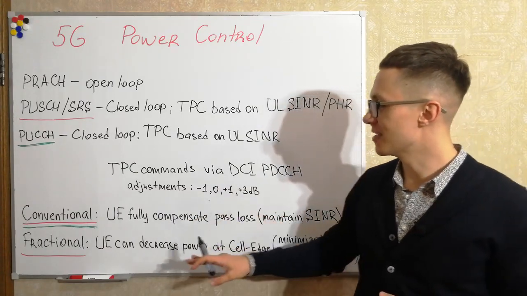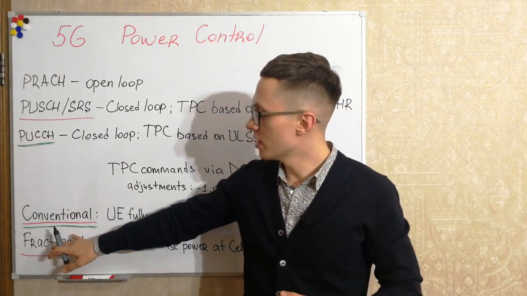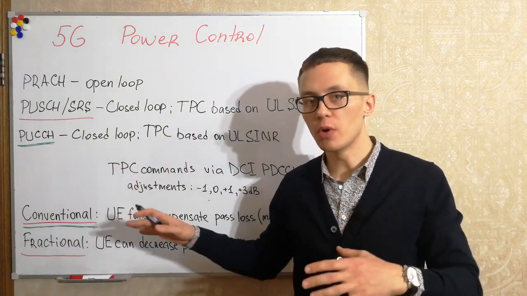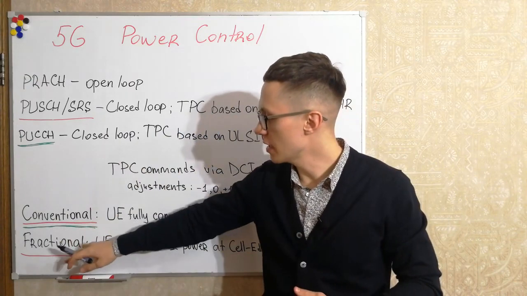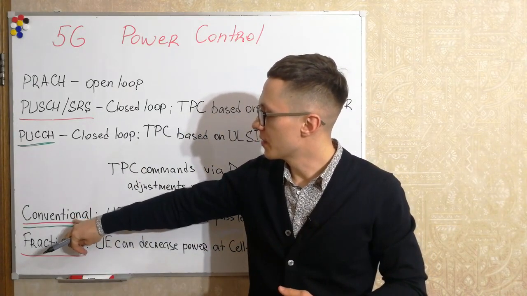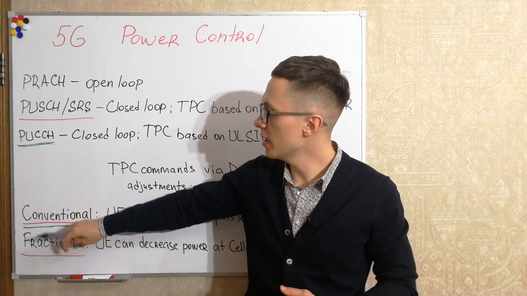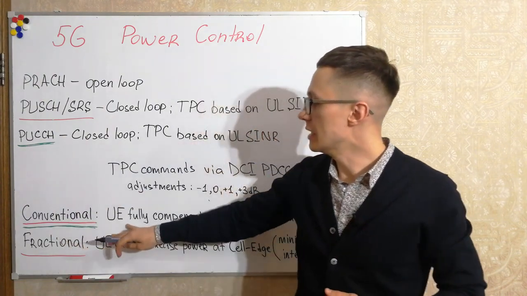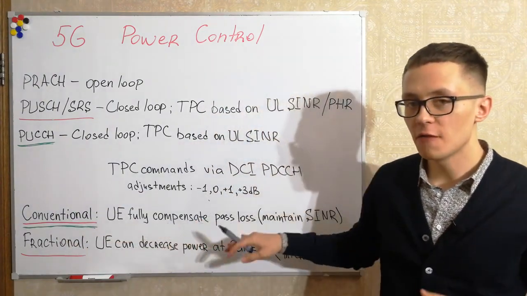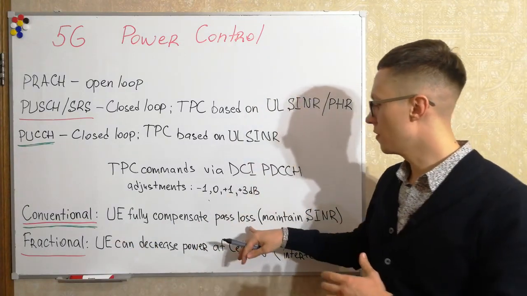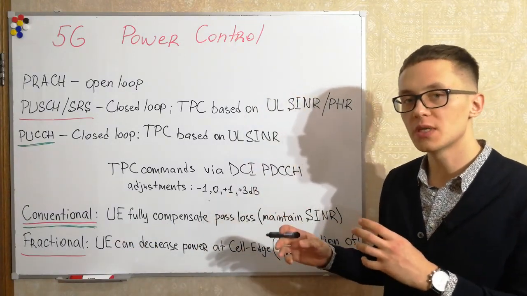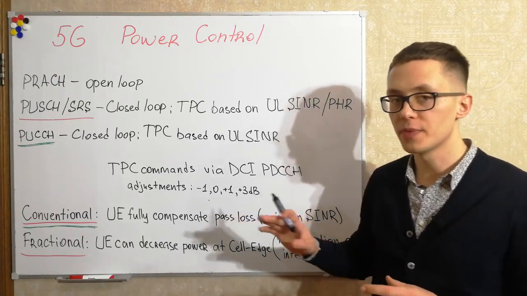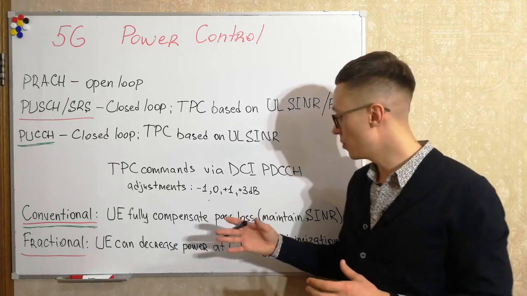That's pretty interesting. And I would like to say that there are two types of supporting user equipment power in uplink: conventional and fractional. Conventional can be supported by the physical uplink control channel. Conventional is when the UE can fully compensate path loss, at least try to fully compensate the path loss, and it doesn't matter how far the user equipment is or what the calculated path loss is.